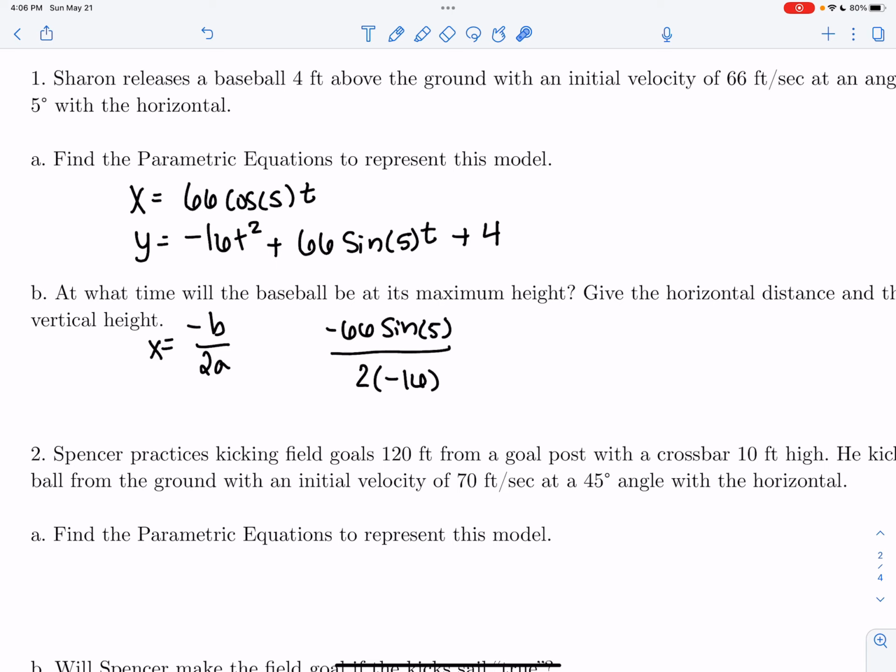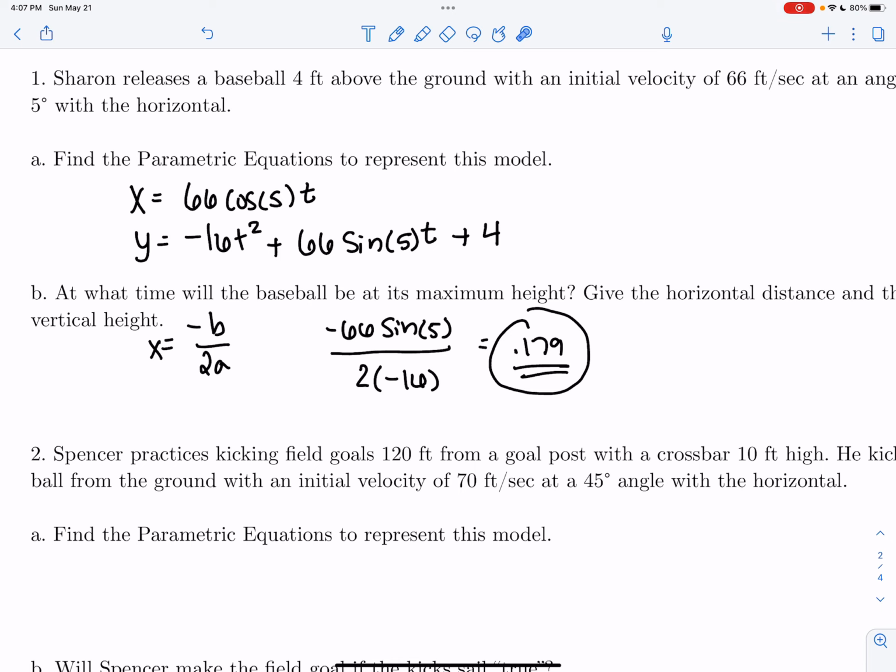Or if you were to plug this into the calculator, where we have 66 sine of 5 divided by 32, that's going to give us 0.179. So that's going to be my time. At 0.179, that's going to give us our maximum height.